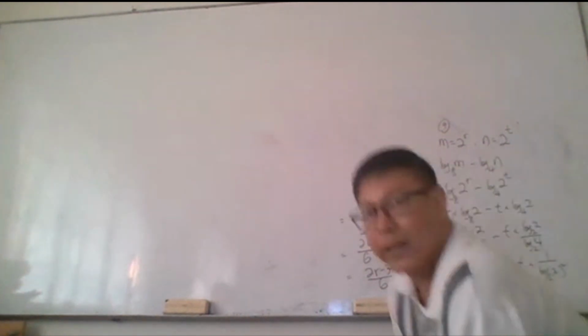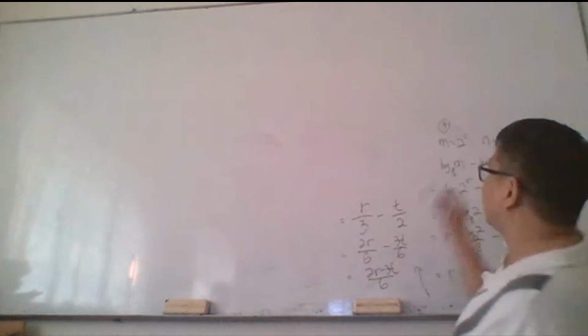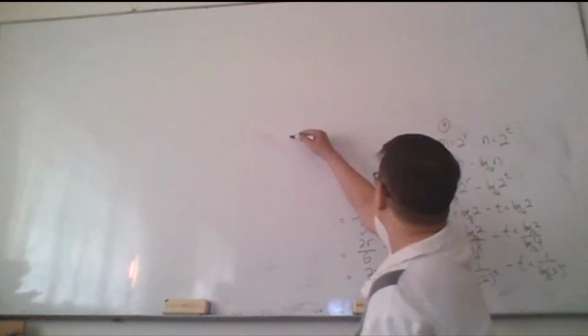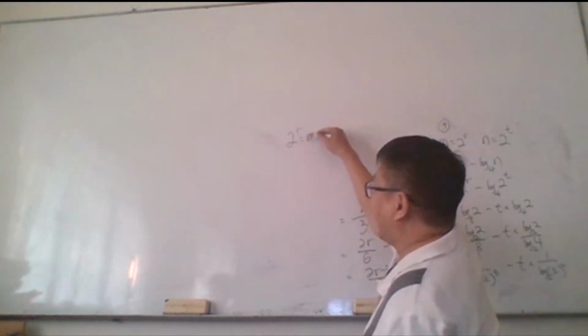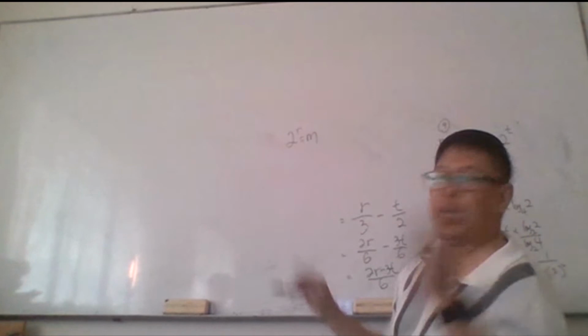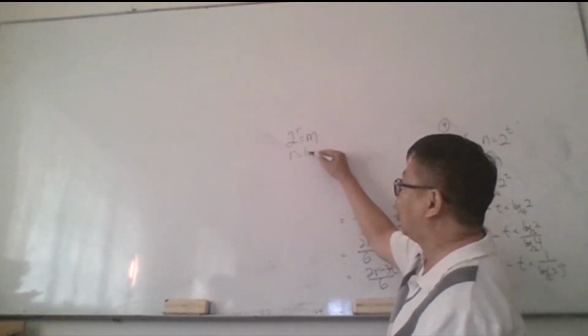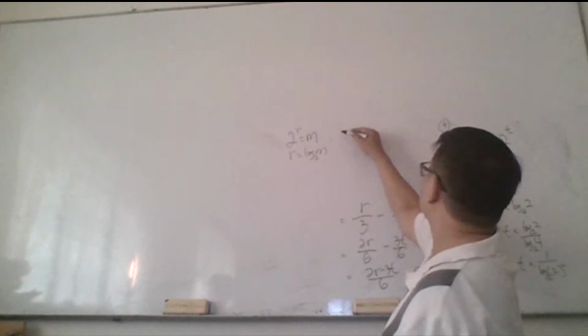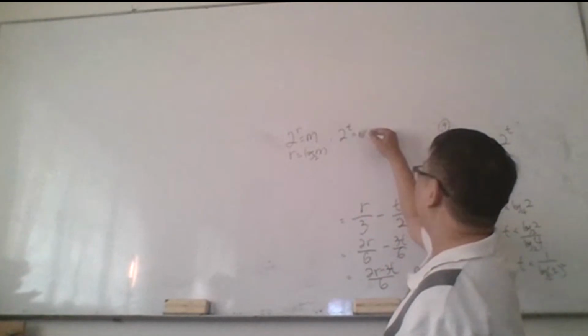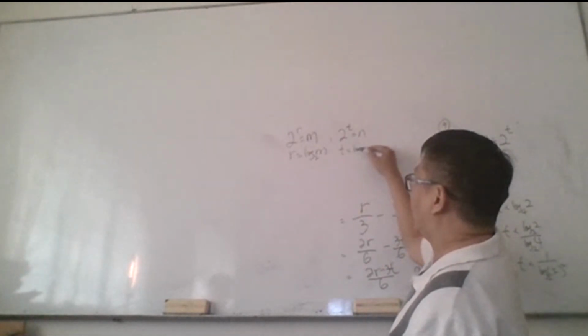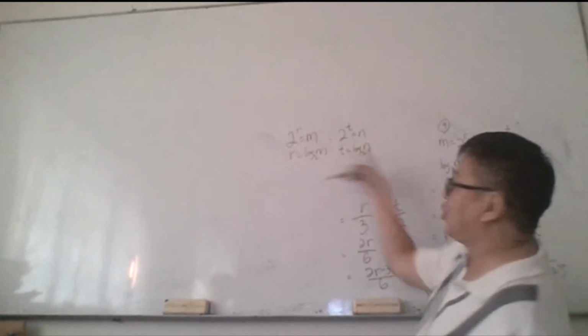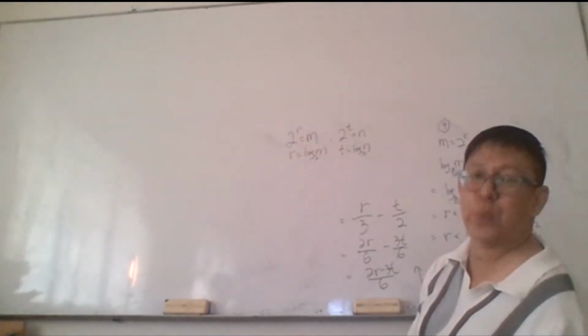But for me, I'm not using this. When I look at the question, 2^r equals m, I will change the index to log form.